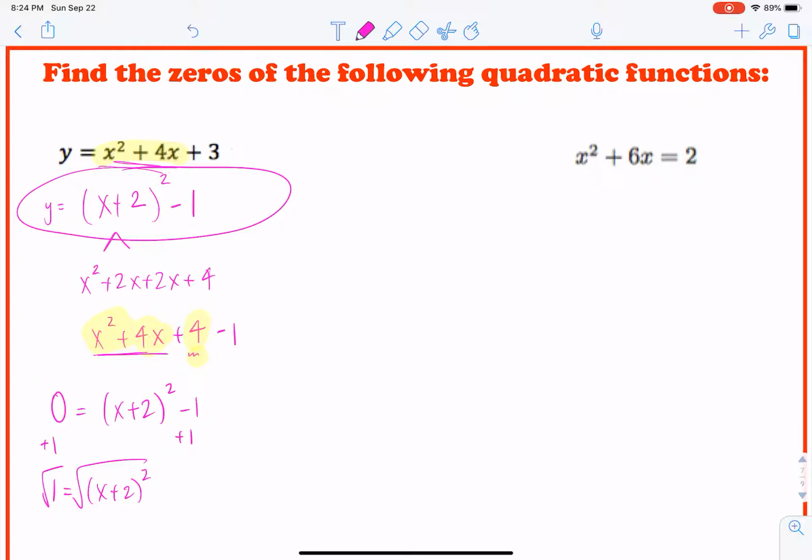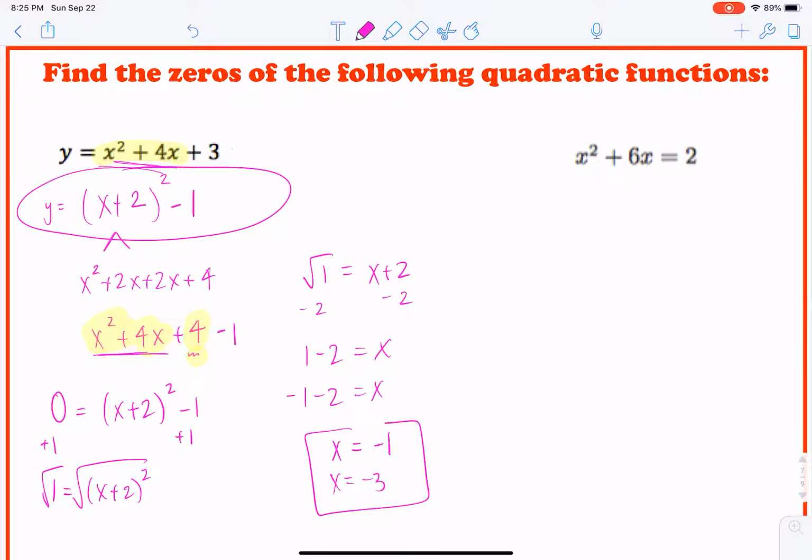I can take the square root of both sides, and I'll end up getting that the square root of 1 is equal to x plus 2. Subtract 2 from both sides, and I end up getting 1 minus 2 is equal to x, and negative 1 minus 2 is equal to x. So here, 1 minus 2 will give me that x is equal to negative 1, and negative 1 minus 2 will give me that x is equal to negative 3. So these are the two zeros or x-intercepts of this function, and we solved that function by completing the square.